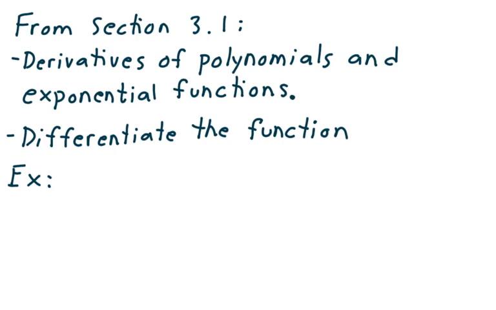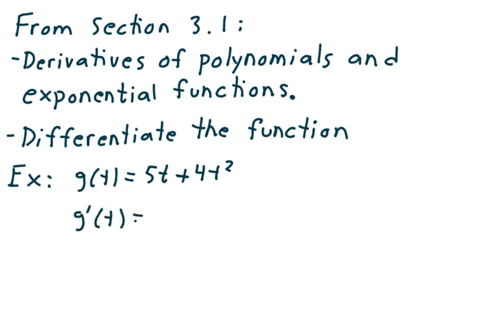Suppose I had g of t equals 5t plus 4t squared. And I want the derivative. Well, g prime of t, that's the derivative of g of t.